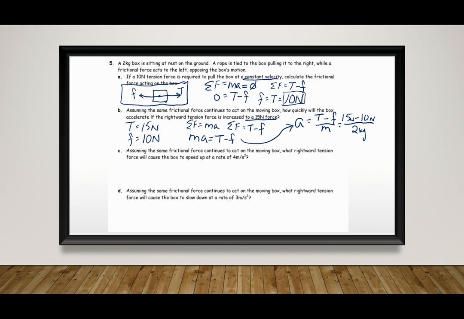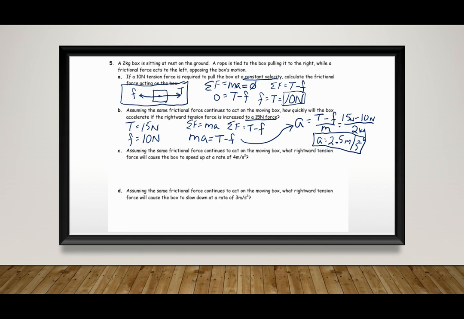That's going to give us an acceleration of 2.5 meters per second squared. Please make sure that you get into the habit of boxing your answers. It just makes the grading a lot easier for myself and for graders at the end of the year when you're taking your AP test.